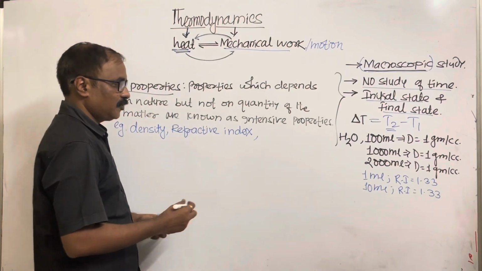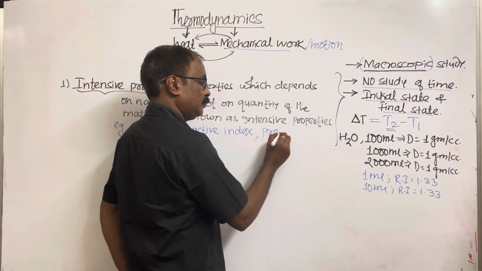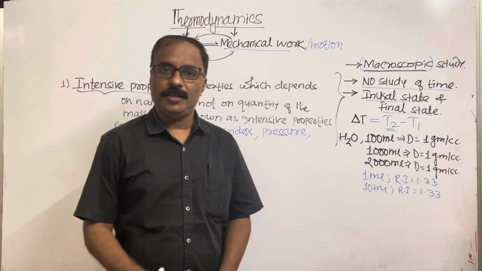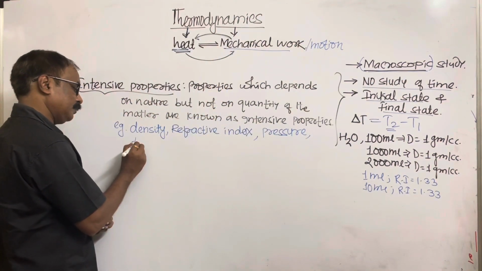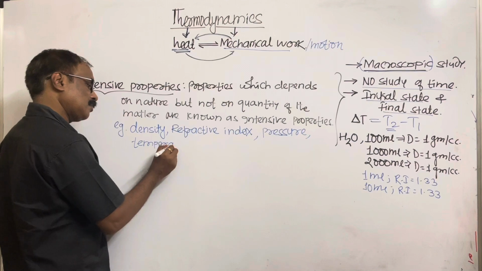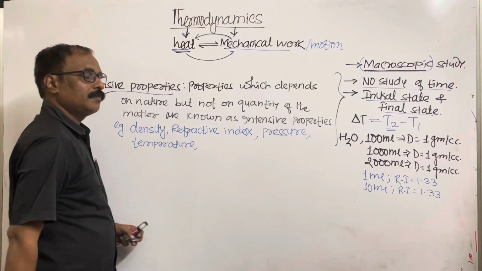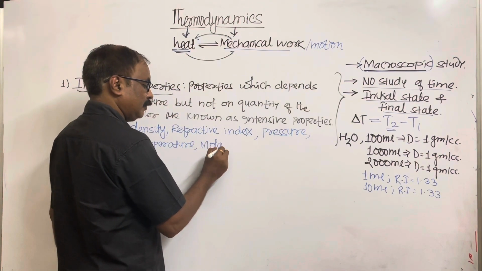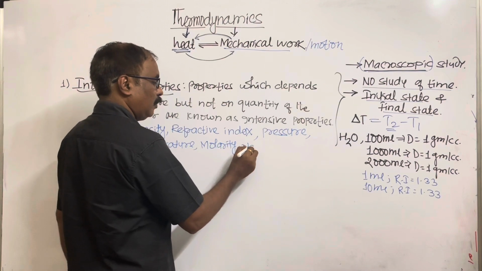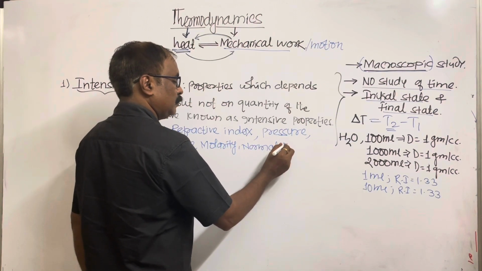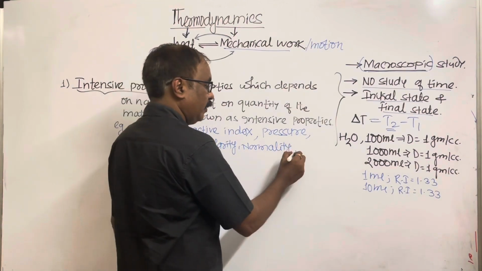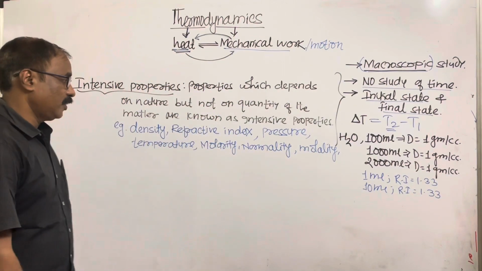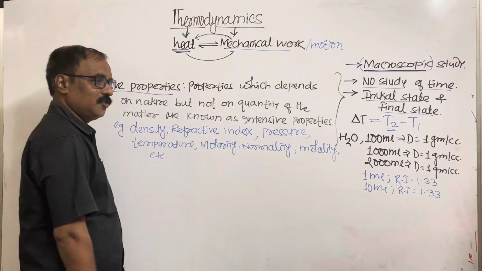So refractive index, pressure (again, pressure does not vary with quantity of the matter), temperature, concentration parameters, that is molarity, normality, molarity, etc. All these are intensive properties.